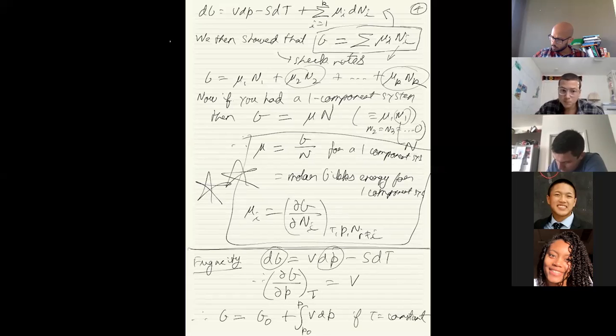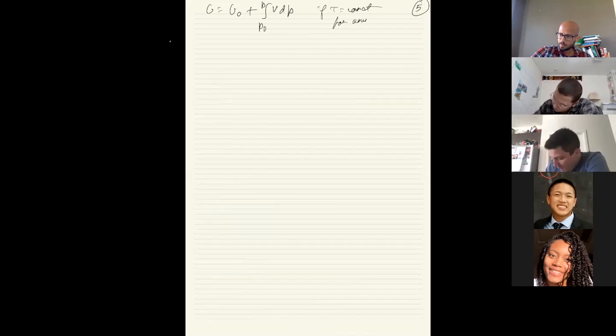This holds true for anything. We haven't assumed any ideal behavior over here. So let me write it down again. We just wrote that G is equal to G naught plus the integral from pressure P naught to P of V dP, if T is constant, for any material.